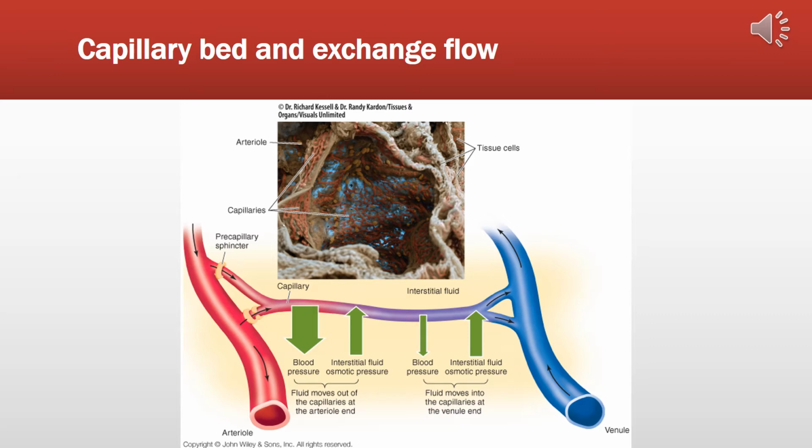So when we're wanting to take in gases and nutrients, we need a blood pressure that is higher than the interstitial fluid and osmotic pressure leaving the cells, such that we can have flow from higher concentration to lower concentration. And then when we're wanting to remove waste and carbon dioxide from the cells, we need a blood pressure which is lower than the interstitial fluid and osmotic pressure, such that we remove these wastes.